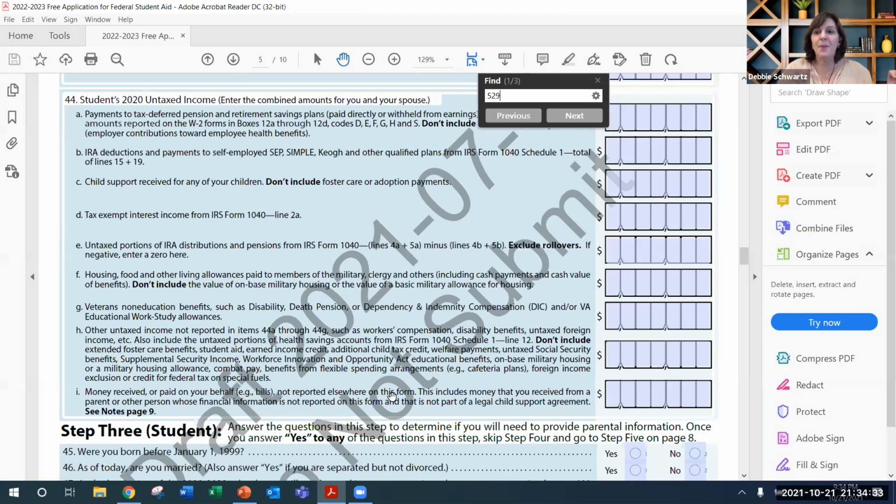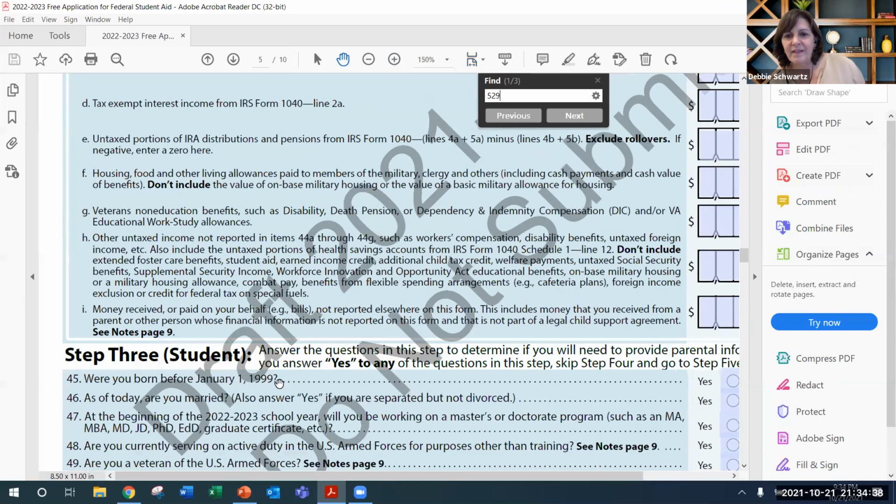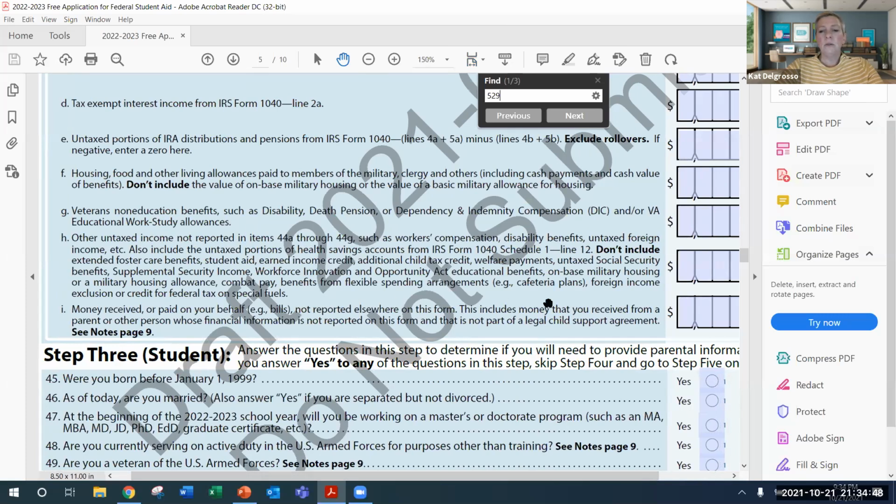It doesn't show up the same year. It shows up in future years. So 44I is right here, right above step 3. It says that they include money in the student section from the grandparents. That's what's in the instructions. But again, you wouldn't have to worry in the freshman year, but in the second year you would.